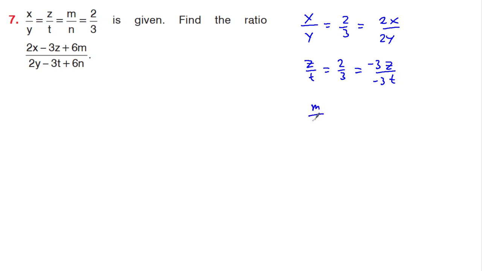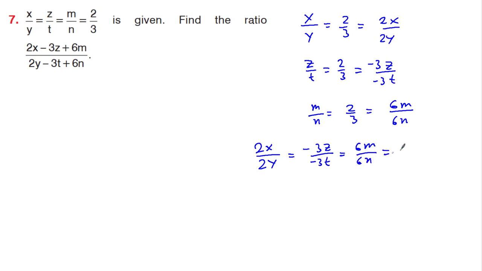And m over n is 2 over 3. That also means 6m over 6n. Well, why would we need this one? Well, there was a property that said if 2x over 2y is equal to negative 3z over negative 3t is equal to 6m over 6n is equal to 2 over 3, we could have just added the numerators and the denominators separately, and that wouldn't change the ratio.